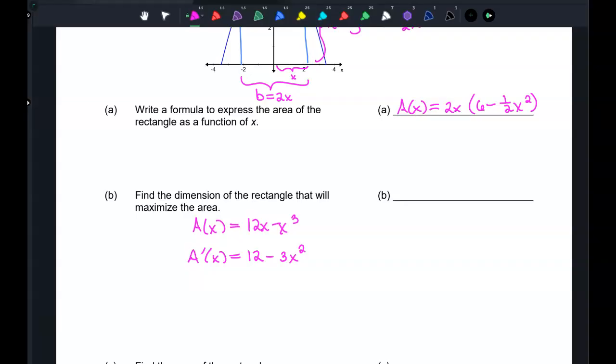Now what? Set it equal to 0. So what do we get for our critical point? Plus or minus 2. Because I originally made my domain from positive 0, it's just going to be positive 2.